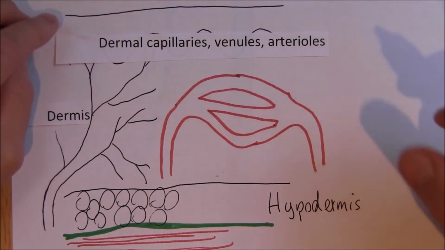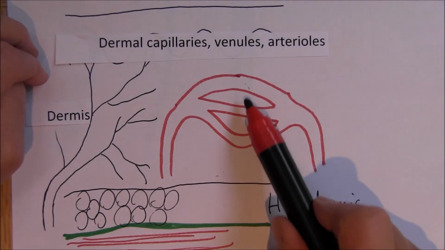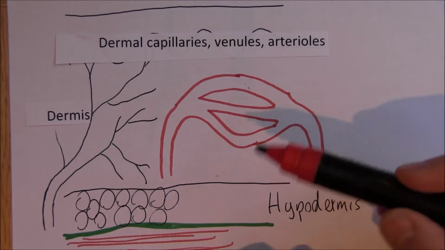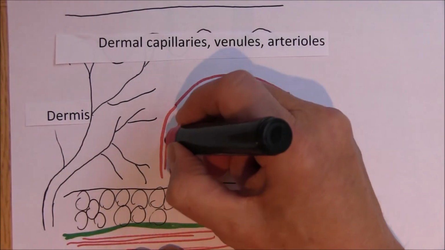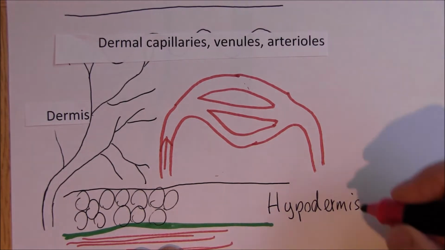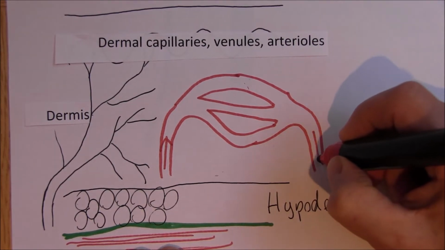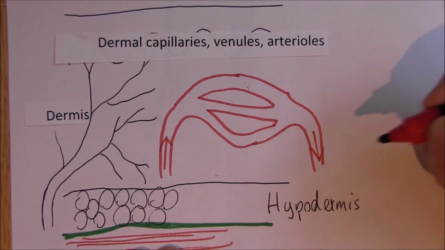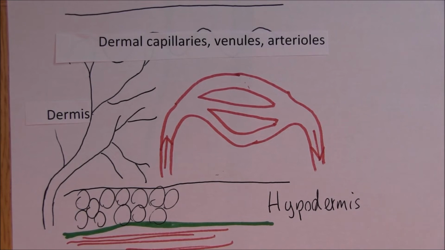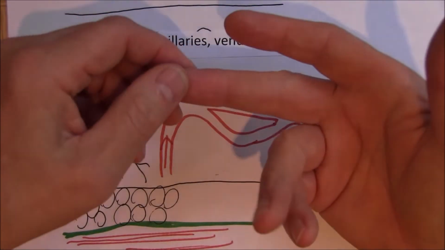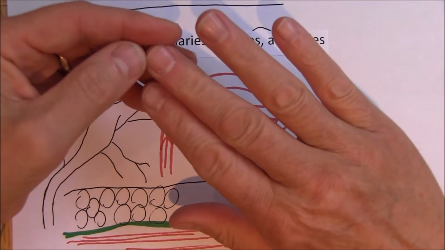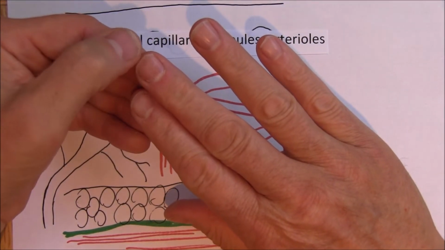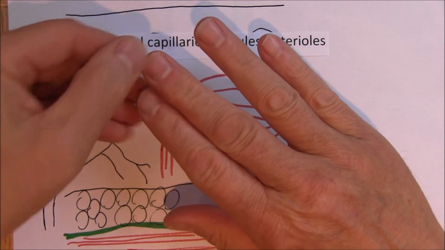So what we have are dermal capillaries, millions of dermal capillaries, the arterioles of course taking the blood in, the venules taking the partly deoxygenated blood away. And these are in the dermis, and they're also in the fingernail beds.